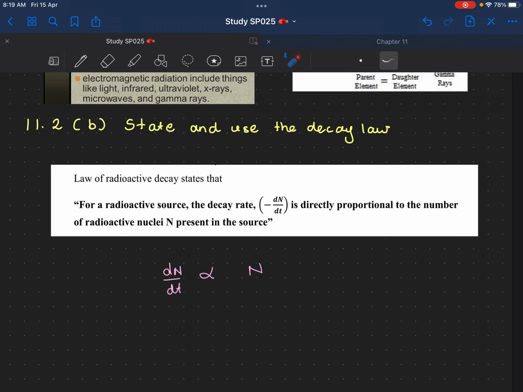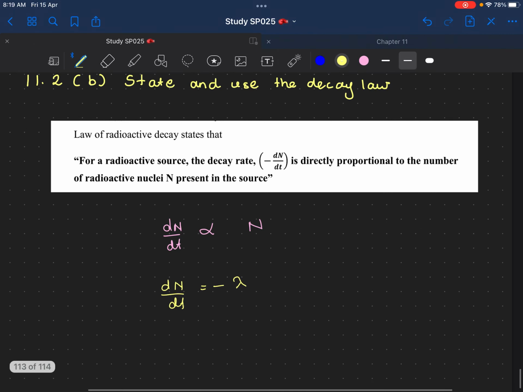So we have a proportionality, so kita kemudian akan ada a proper equation, iaitu the decay rate is equals to negative lambda, tapi nama dia adalah a decay constant, darab dengan the number of nuclei. So decay constant ni adalah constant and it depends on the element ataupun particle tu lah.